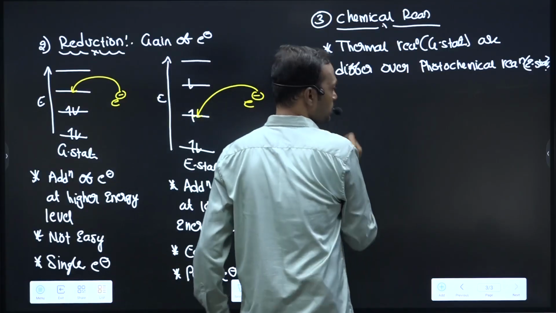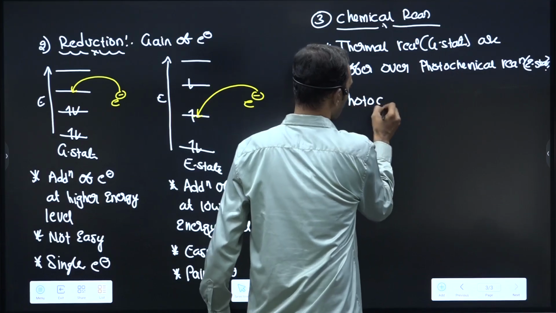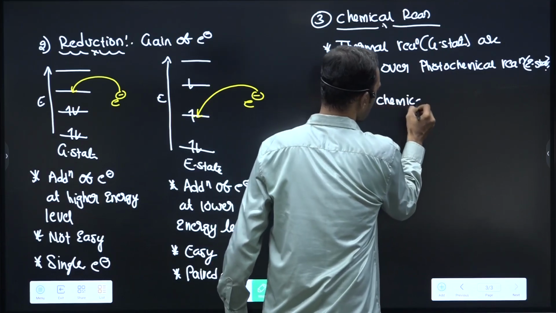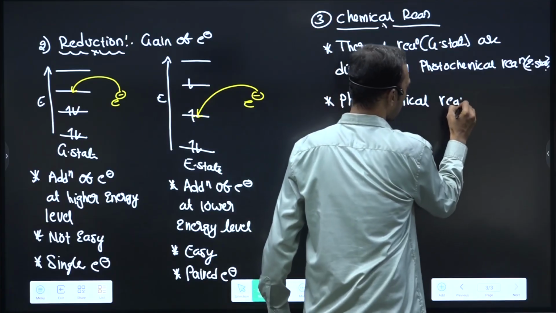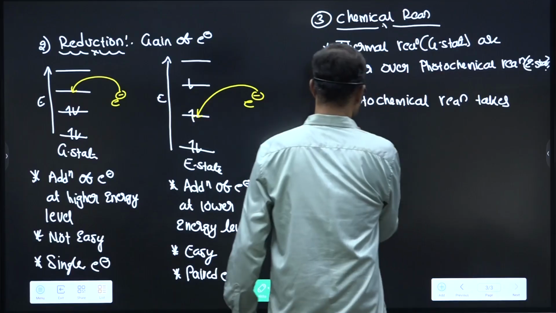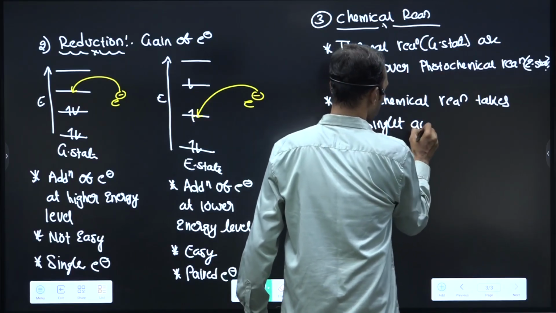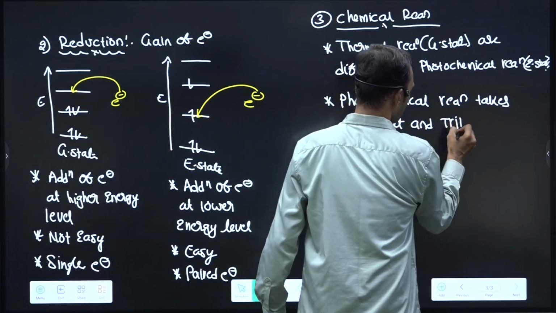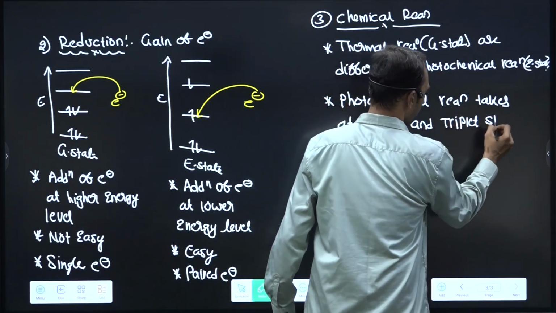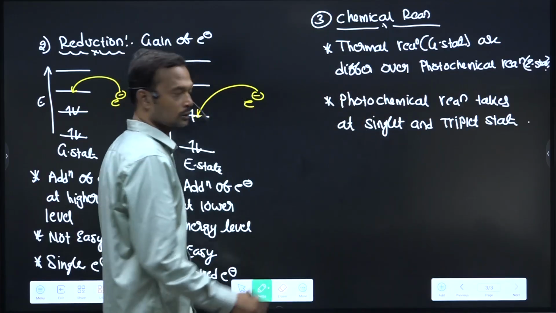Photochemical reactions take place at which state? Photochemical reactions take place at the singlet and triplet states.